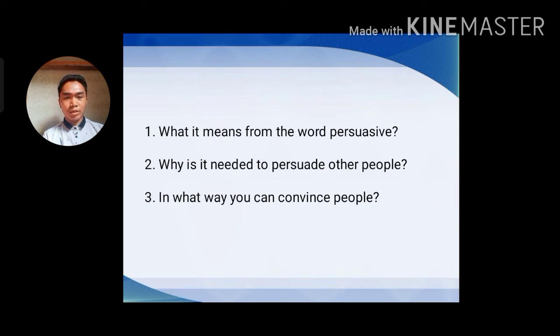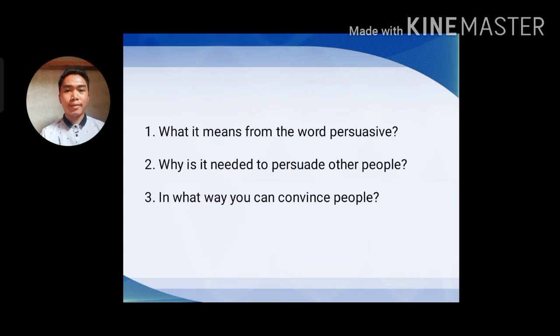Okay, number 2, why is it needed to persuade other people? Yes, Mr. Montes. Okay, very good. Because in order for them to believe us, or so that they will accept our points of view. Number 3, in what way can you convince people?